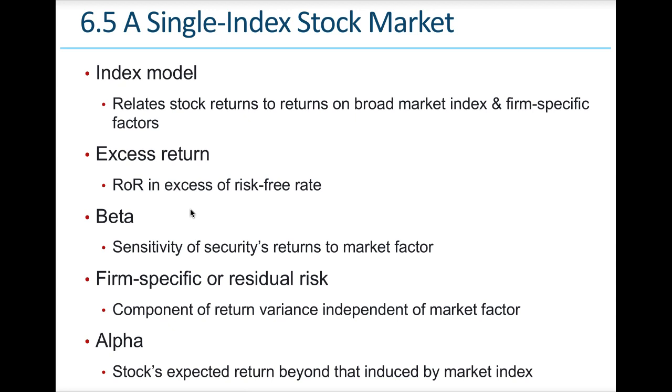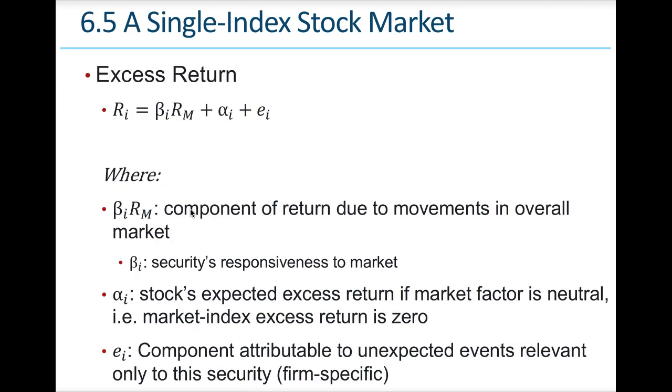Now, the relative stock returns to the broad market is what we're looking at. So returns in excess of the risk-free rate are what we want. And beta, as we talked about earlier, measures the sensitivity of returns to the market, or the stock market. So we could use these indicators to help fine-tune our portfolio construction.